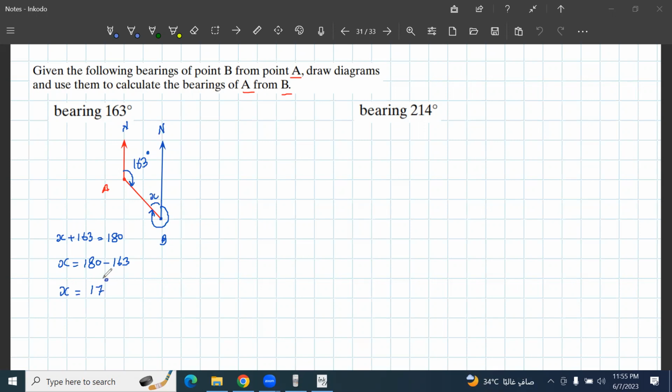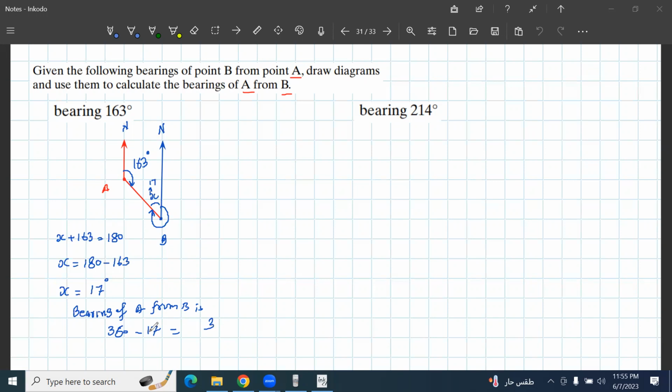And this one is 17, we can say that the total angle in a circle is 360. So the bearing of A from B is 360 minus 17, which gives me 210 minus 7, 3.